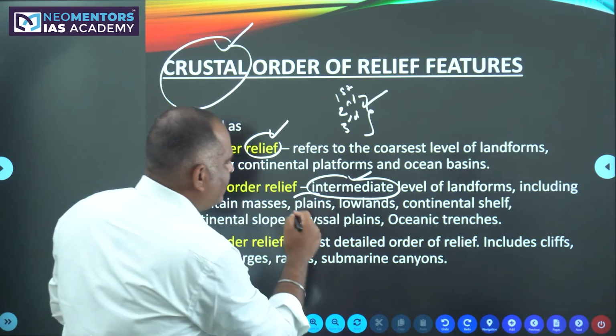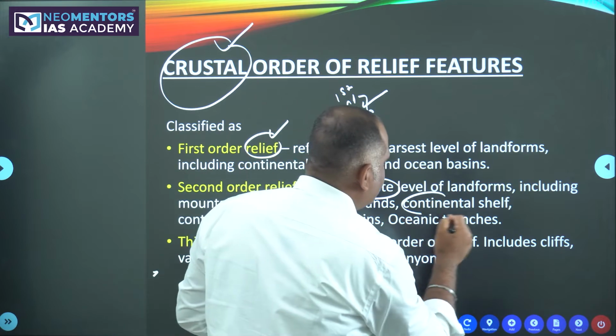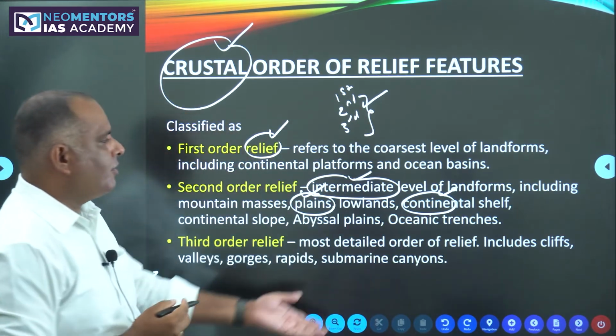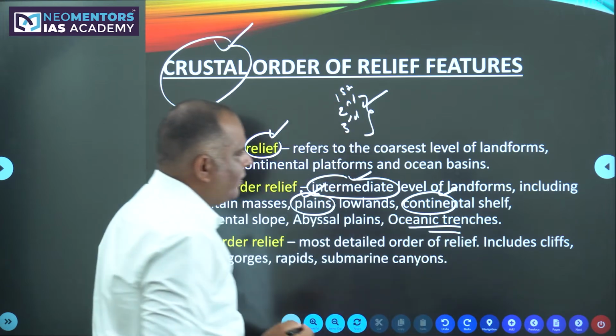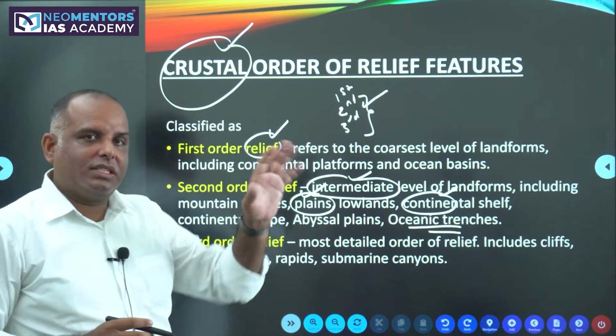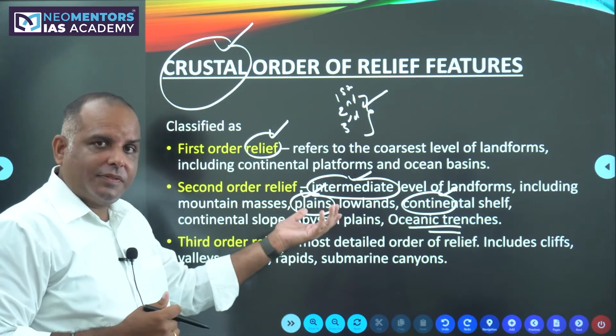We have plains, we have continental shelf, we have oceanic trenches. We'll go into detail on what these are, how they come into existence, and why they are called second order reliefs.